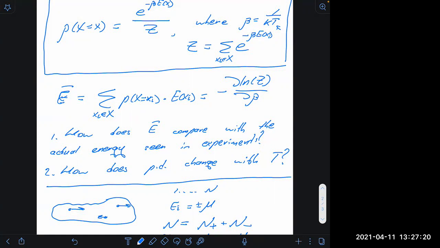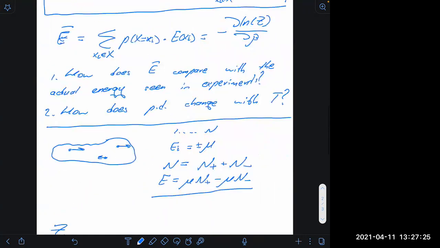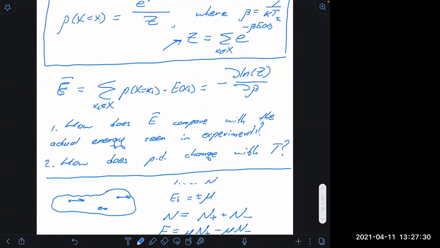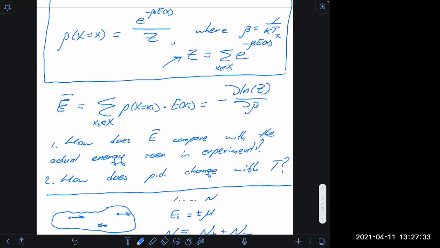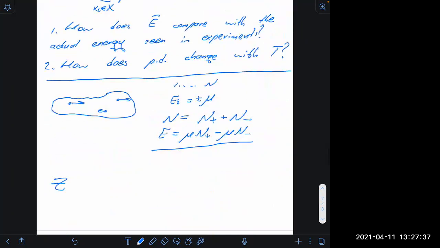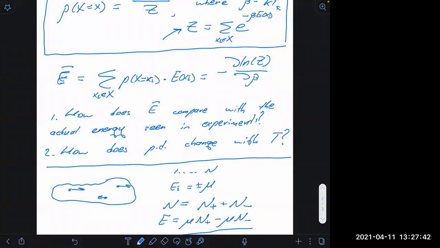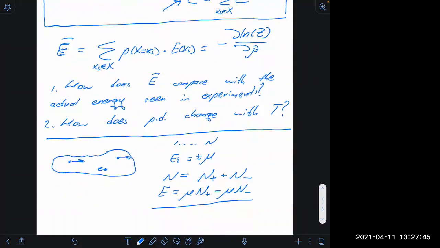If we stare at Z over here, it's just a sum over E to the coefficient times energy, and the energy is computed very simply. We want to sum over all these states, and each state is defined simply by the number of particles facing positively. So you might imagine we have to iterate: how many ways can we pick one particle to orient positively?